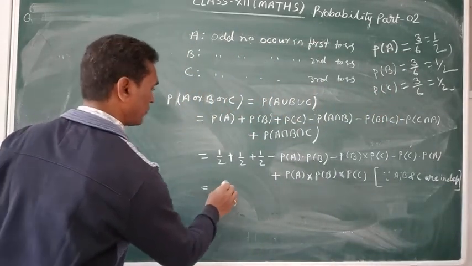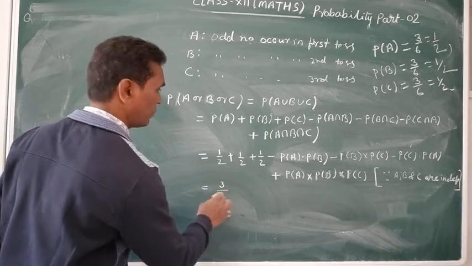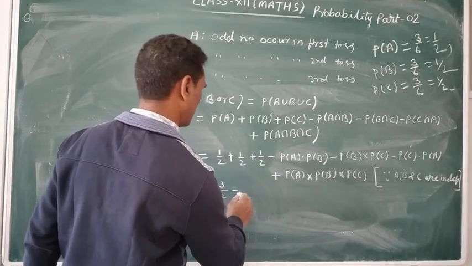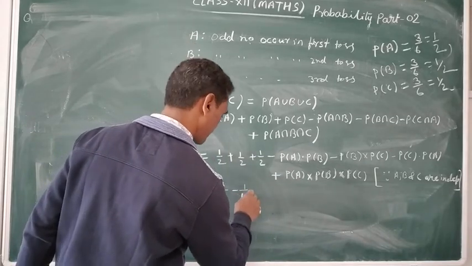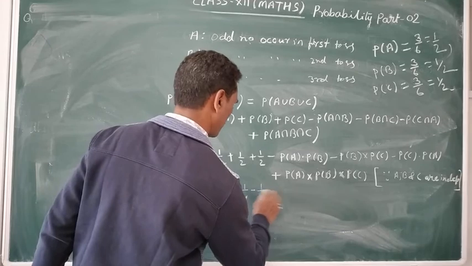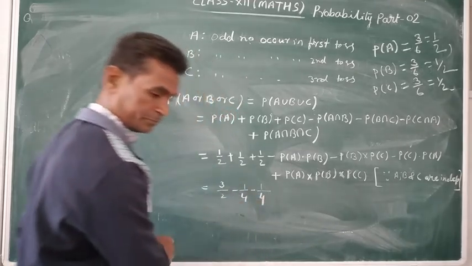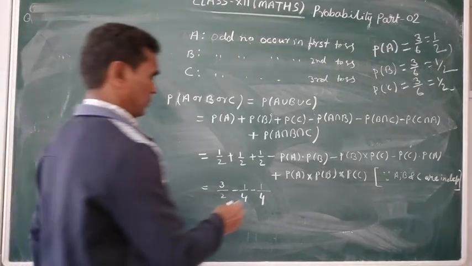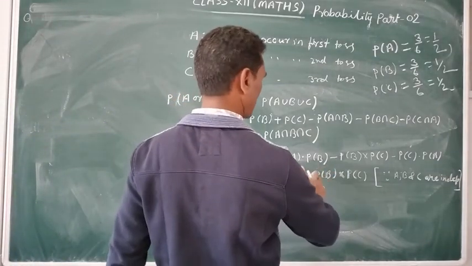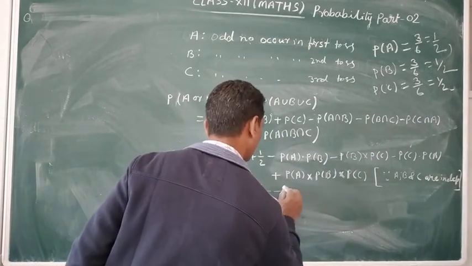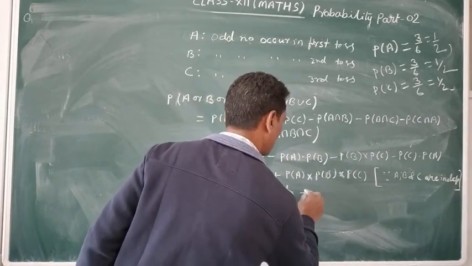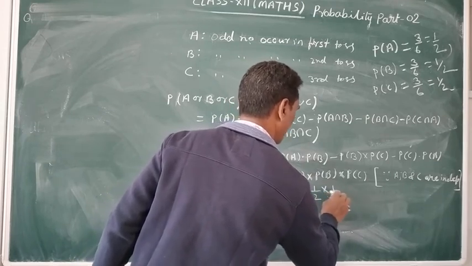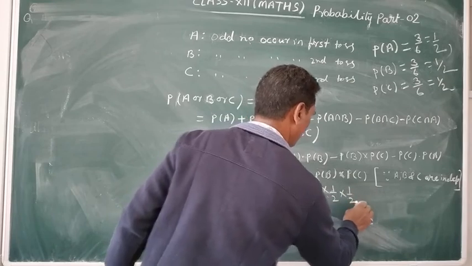Now we have value for each. This is 3 by 2, and again minus 1 by 2 into 1 by 2. So it will be 1 by 4, and minus 1 by 4, minus 1 by 4, 3 times minus 1 by 4, and plus 1 by 2 into 1 by 2 into 1 by 2.